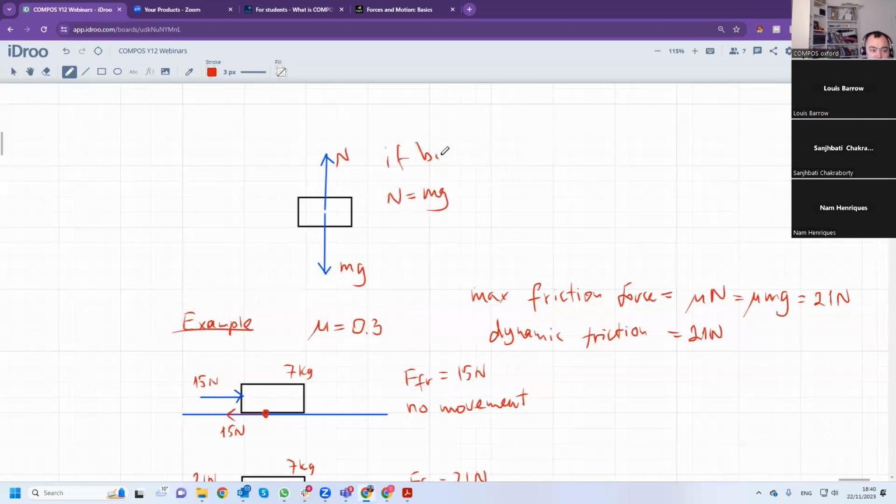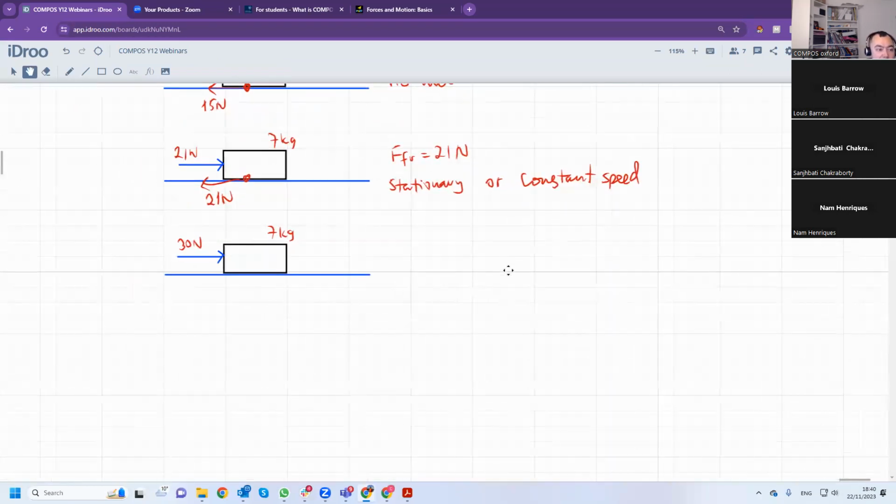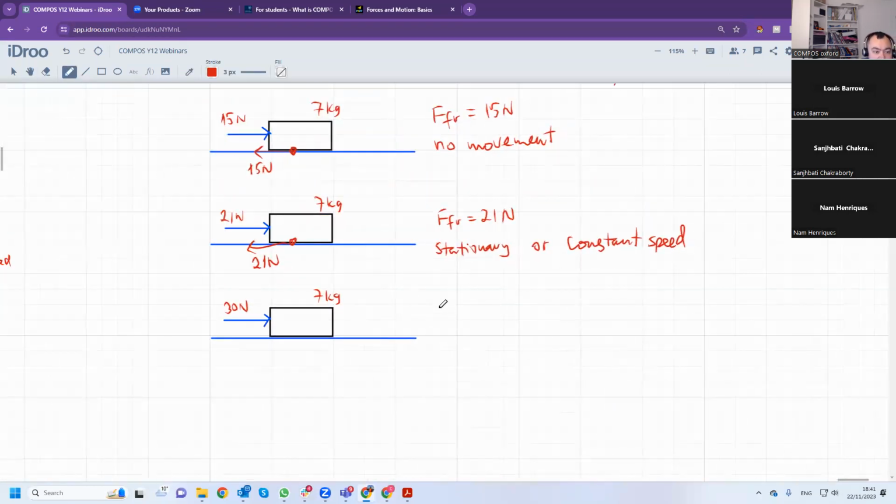If the box is not going up or down, N equals mg. This is a typical scenario. Typically, this is true. Now here, we have exceeded the maximum friction force.